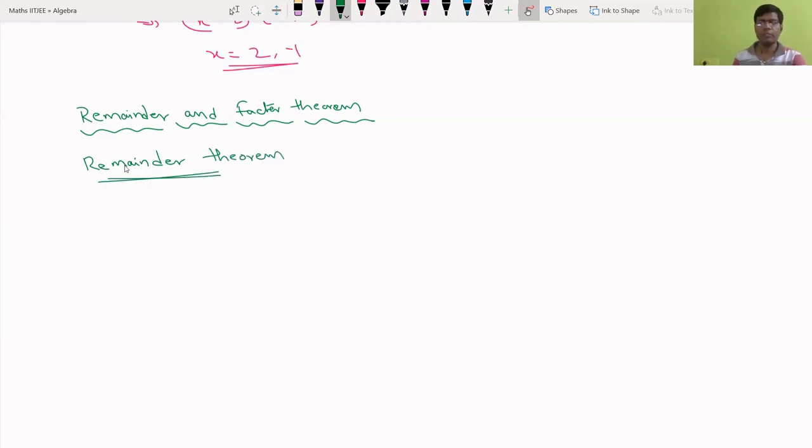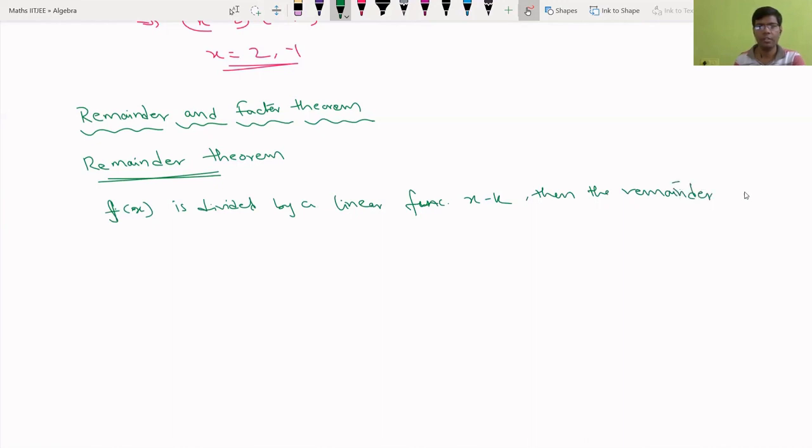So what remainder theorem says is, if I have a polynomial, say f of x, and if f of x is divided by a linear function x minus k, then the remainder is f of k.